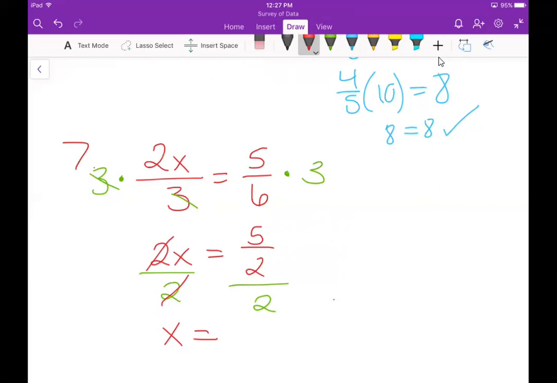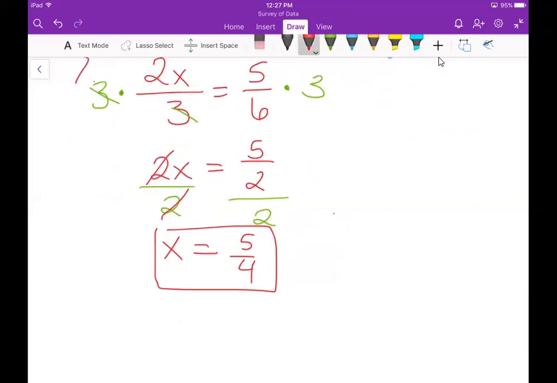You should get 5/4. Okay? And again, you could check your work there. You could plug that back into x in the original function and make sure you get the right answer. Okay? So when you take 2 times 5/4 and divide that by 3, do you get 5/6? And you should.